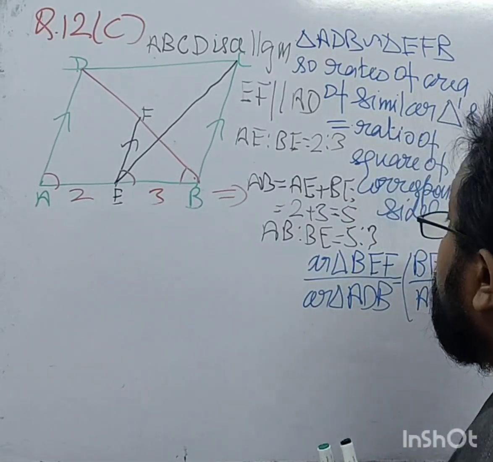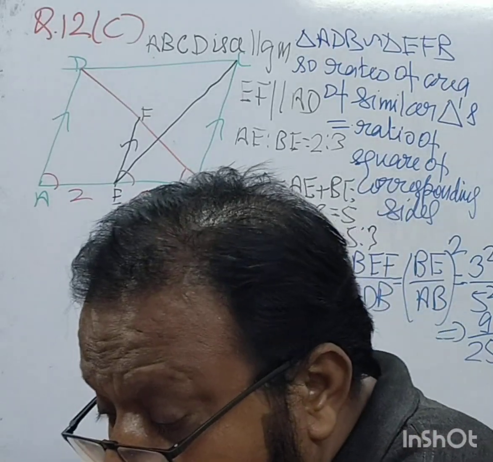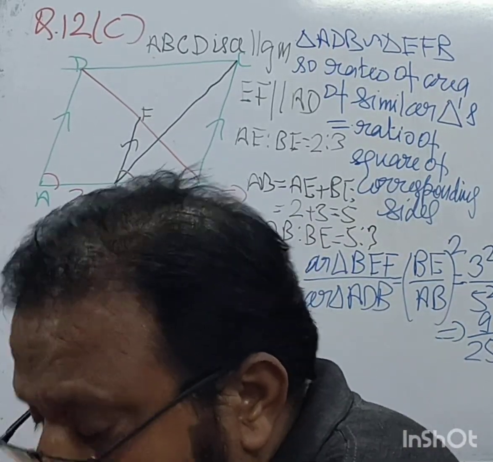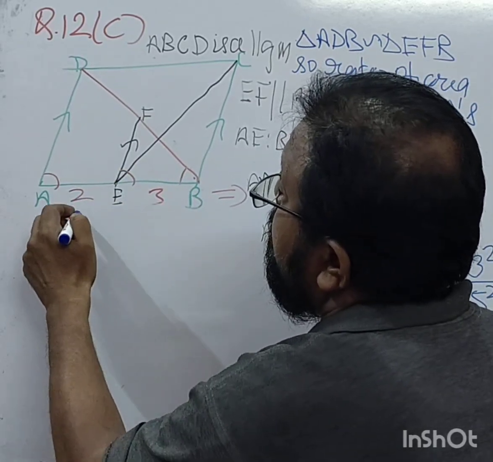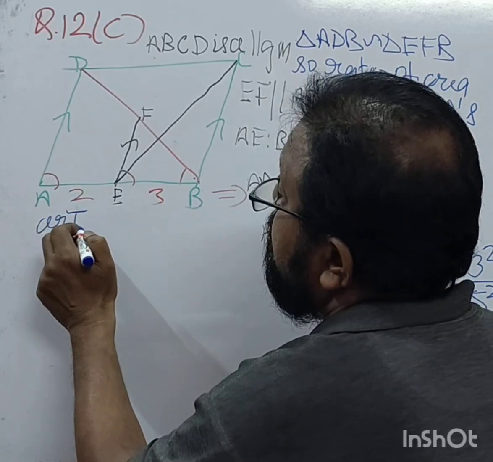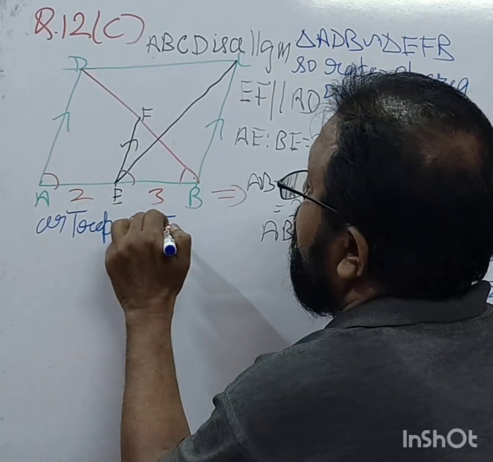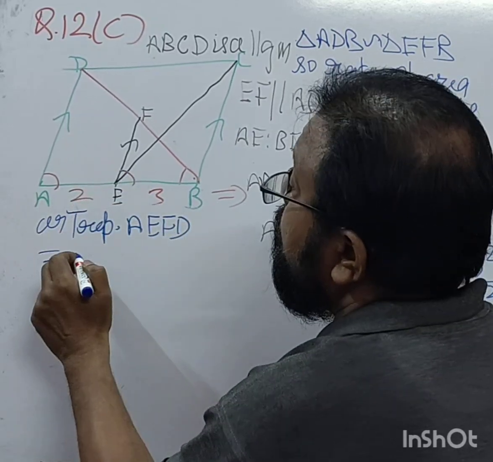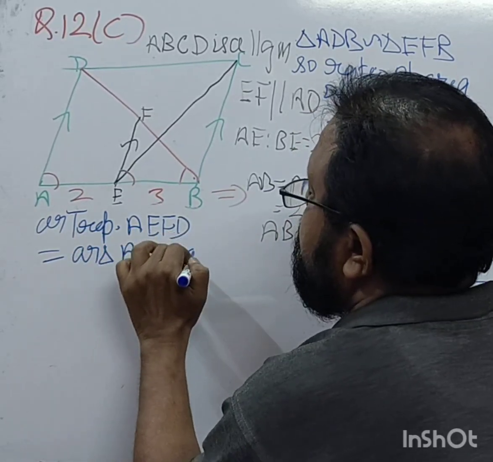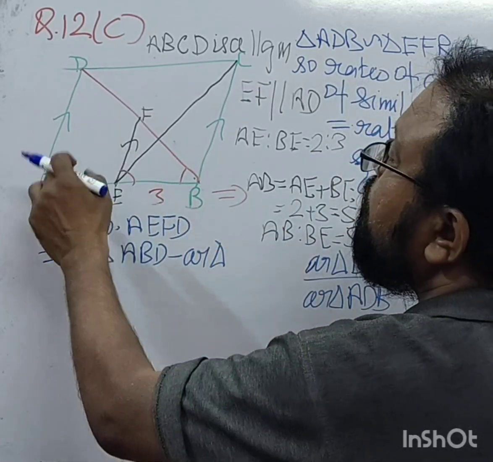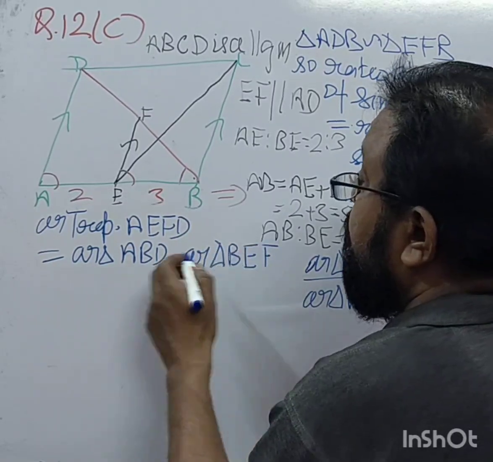Okay, so should I rub this? So what we have? Area trapezium AEFD is equal to area triangle ABD minus area triangle BEF.